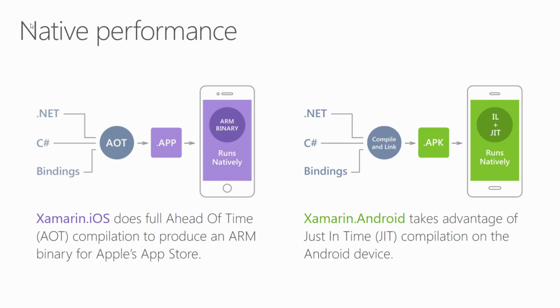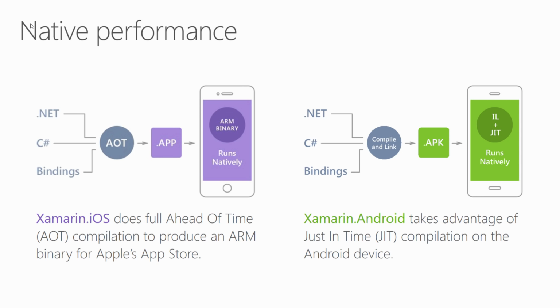On Android, we can leverage just-in-time compilation and run our Mono runtime side by side with the Android runtime, the Dalvik or ART runtime, because Android applications are kind of like mini VMs when they run your application. But to your users, there's absolutely nothing else to install, nothing else to worry about. They go to the App Store, they click download, and boom, the application is off and running, and it's great.